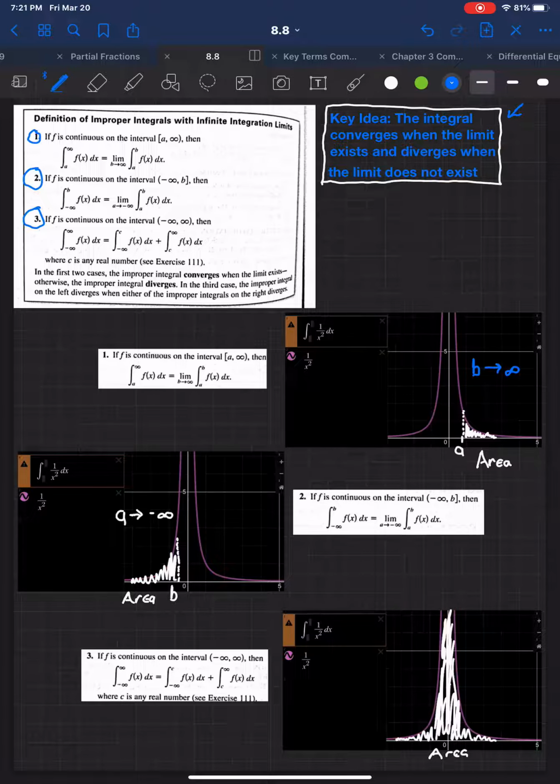Now, the integral diverges when the limit does not exist. And in this case, what do we mean by diverges?